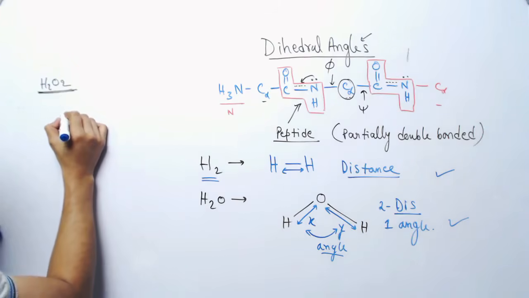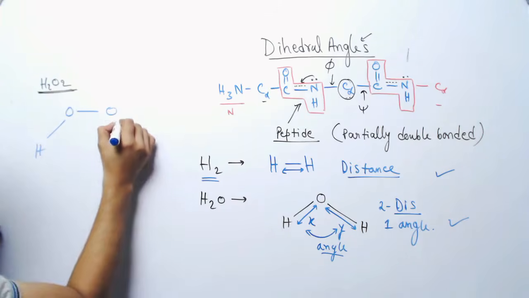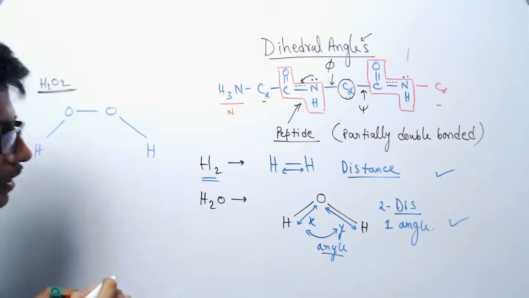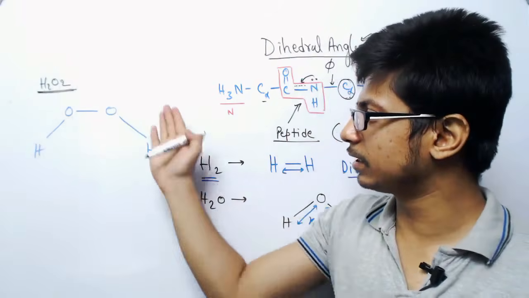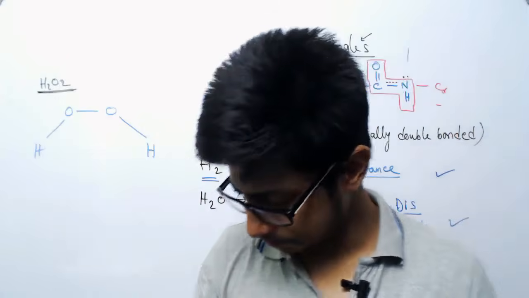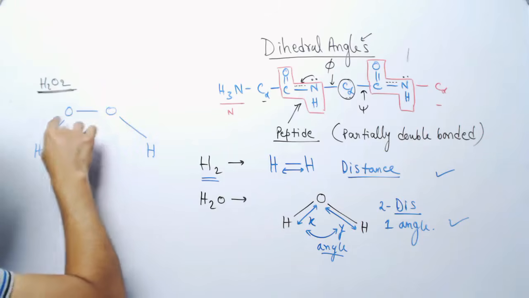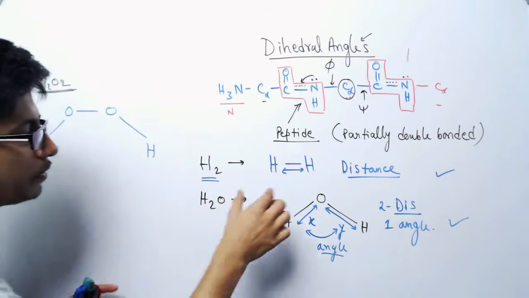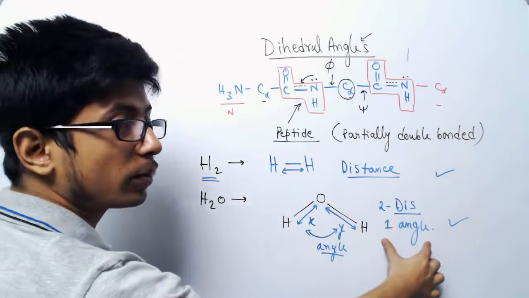We have H-O-O-H. This is how the structure looks. Now for 2 points, only distance is enough. For 3 points, 2 distances and 1 angle.